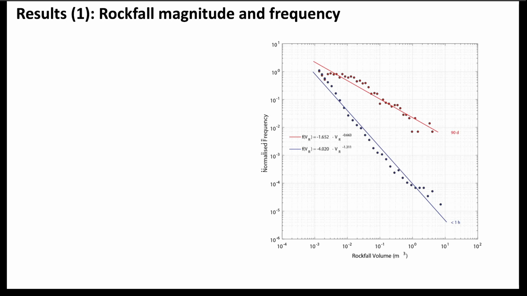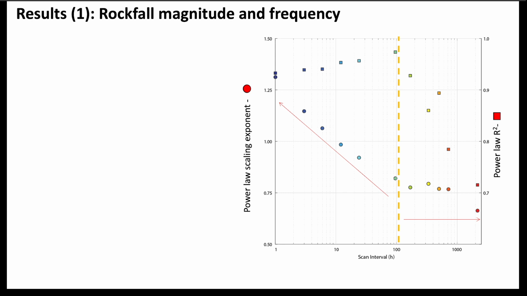On the blue data, there are relatively low probabilities of big events compared to the red data, where there's a relatively high probability of big events. That difference is because in the high frequency data, those big events are the sum of many, many small events, and we're just counting them in a different way.